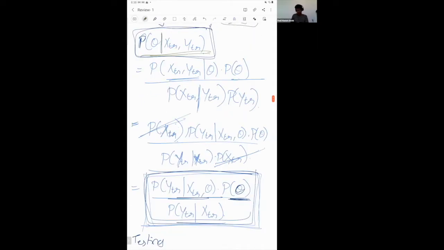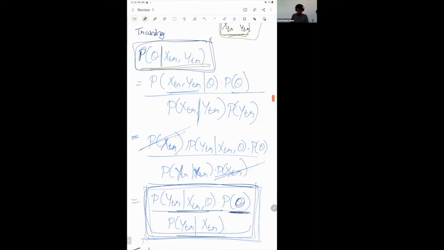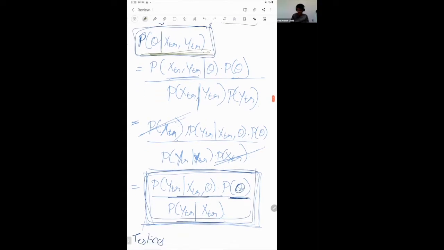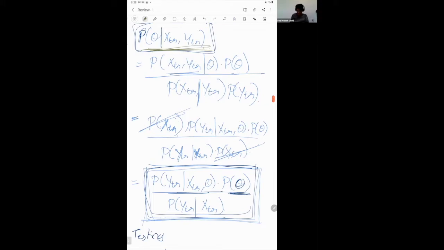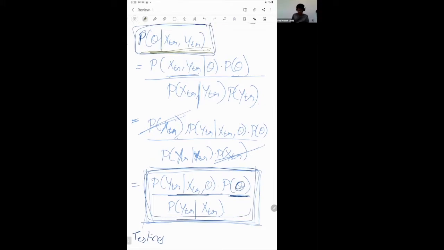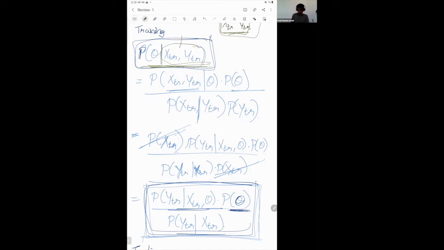Here I'm just applying a simple Bayes rule. Consider X train, Y train as some variable t, then probability of theta given t would be just probability of t given theta times probability of theta divided by probability of t.